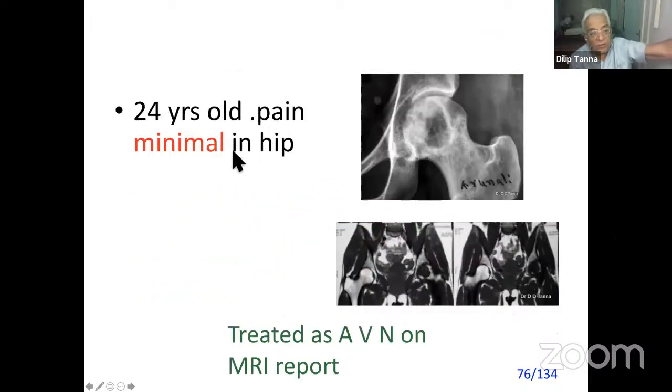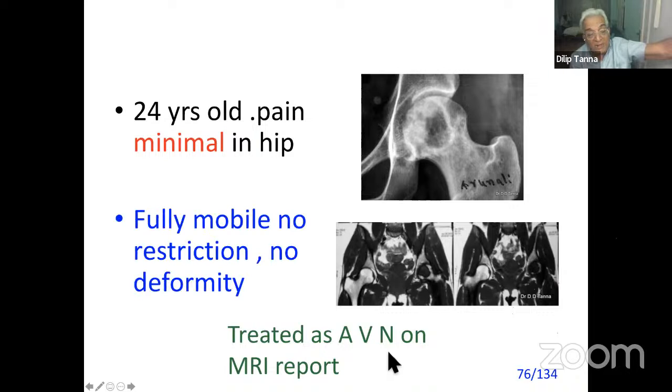This is a 24-year-old with minimal pain. You will see there is a lesion here. This is the MRI. This was treated as an AVN on an MRI report. Fully mobile, no restriction, no deformity.